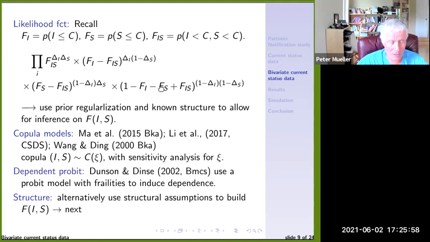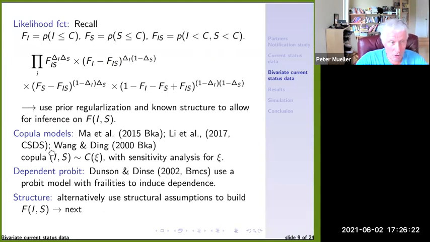Noticing that the bivariate distribution is not likelihood identifiable, an obvious thing to do is to stitch together a bivariate event time distribution using univariate models, stitching them together using a copula. It's exactly what some of the literature has done, Ma and others, Li and others, Wang and Ding.